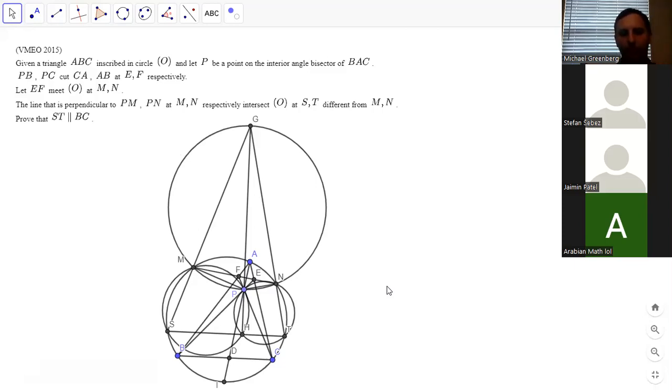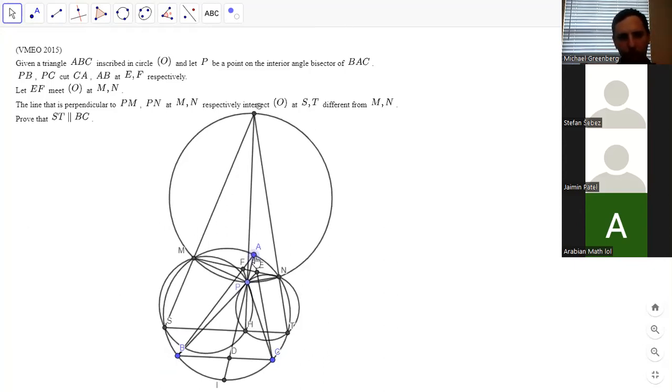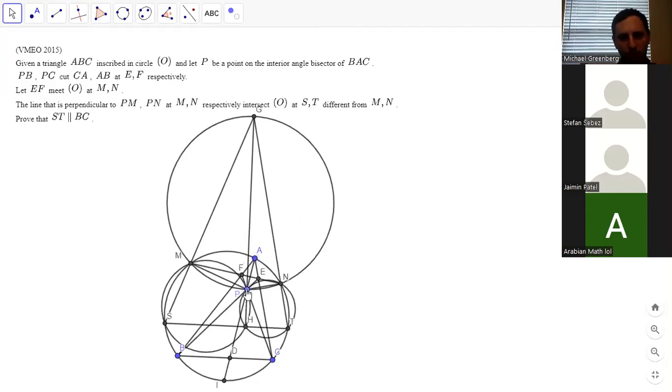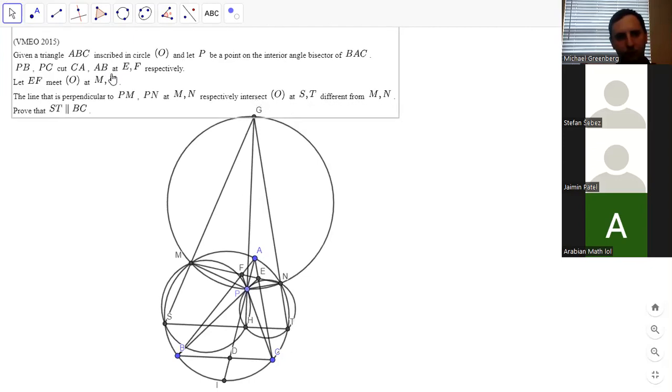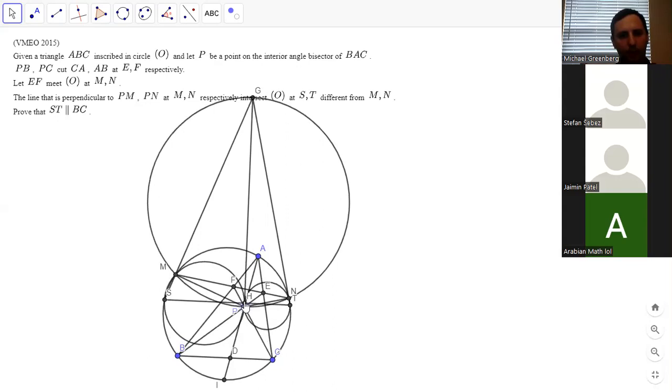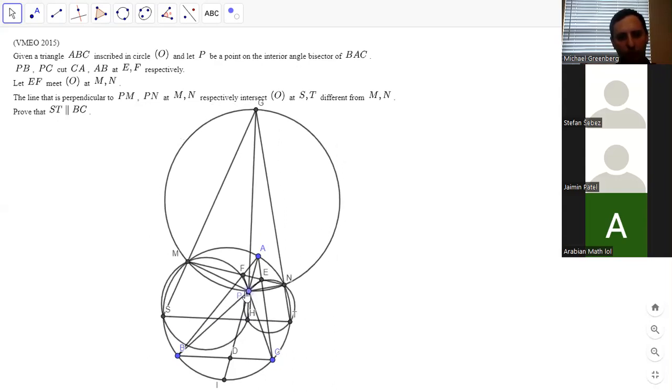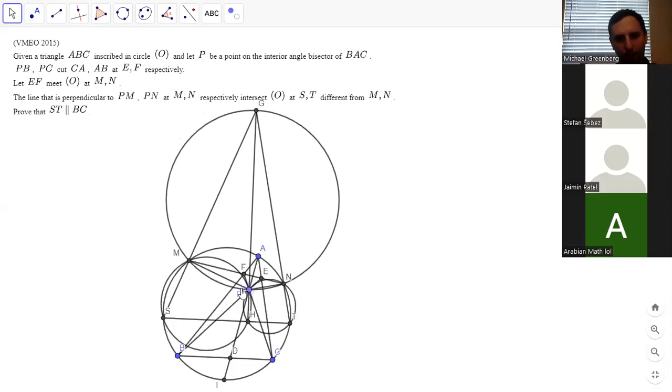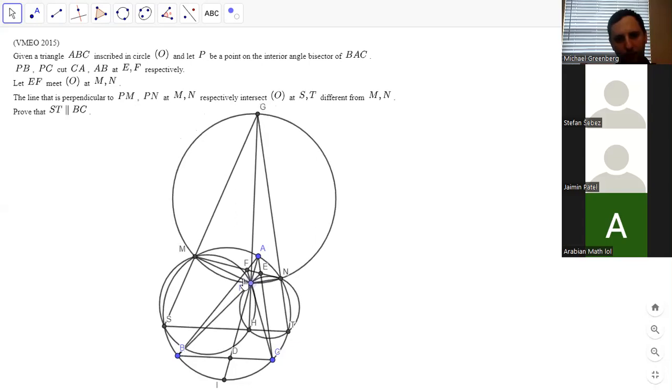Okay, yeah, so M and N. So I wonder when I move P, does the line MN always remain parallel to itself, like as I move P? No. No, it doesn't. Okay.